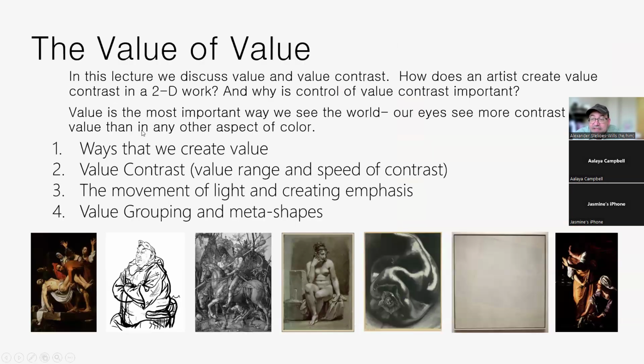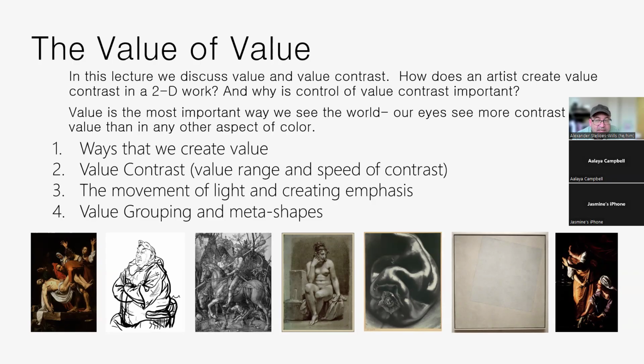Okay, so that's one of the reasons why we're talking about value in this unit, why it's the most appropriate time to be talking about value and value contrast. So, besides that, what are the things that we're going to be talking about in this lecture? We're going to be talking about the ways that we create value contrast. We're going to be talking about the different parts of value contrast, which may seem kind of odd, but there are multiple parts.